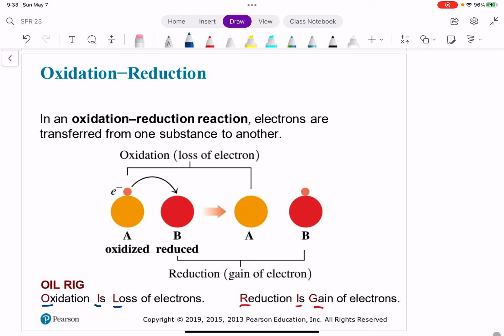Another mnemonic that I've heard before is LEO goes GER, but I'm just going to write LEO GER here, like a lion going ger. It's the same idea: loss of electrons is oxidation, gain of electrons is reduction. Whichever one kind of sticks out in your brain, that's the one I'd recommend using. Whatever helps you the most.